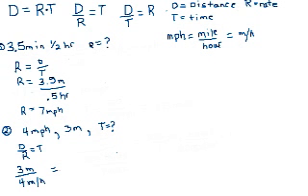So, how long did it take? It took 3/4 of an hour. Notice here that miles and miles cancel out, and what we're left with is hours. So 3/4 of an hour, which you guys know is 45 minutes.